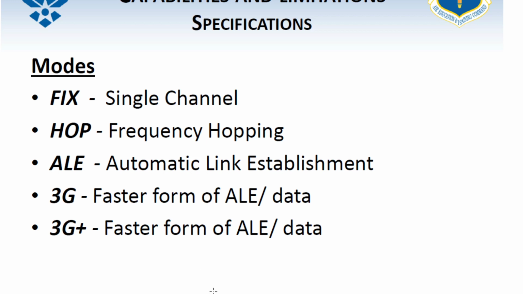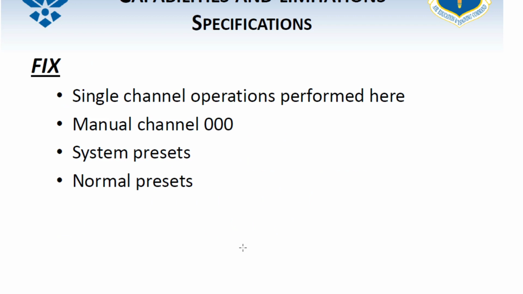What is ALE? That stuff I have to be 21 or older to drink? Automatic link establishment. To answer your question, Sergeant McCusker, we will get that in a few slides. Unless you want to skip ahead and go to ALE first. That's up to you.